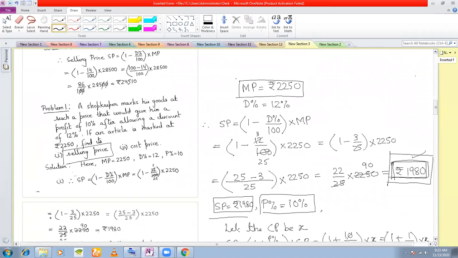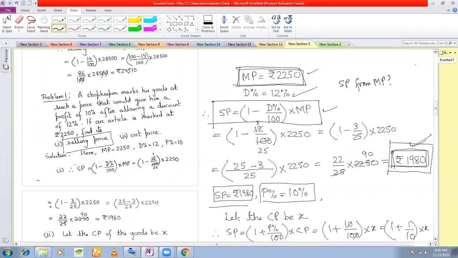From the mark price, the mark price was given to you, 2250, and discount was also given. And you know how to calculate the selling price from the mark price, right? With the help of the formula I gave you, you can calculate the selling price. We calculated the selling price to be 1980.